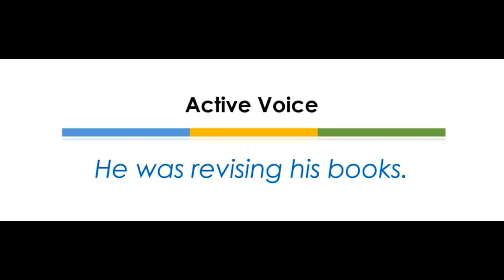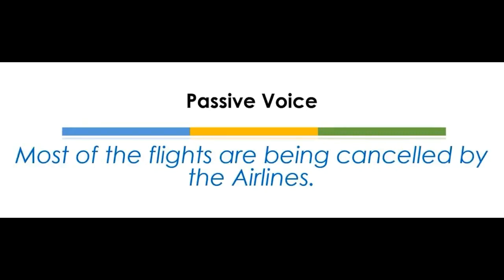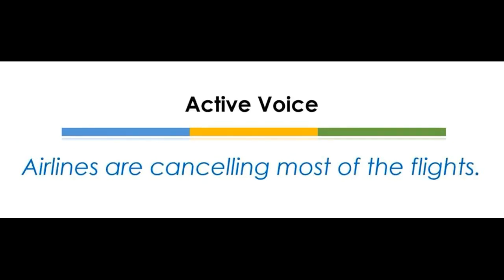The active voice of the first sentence is, he was revising his books. The second one is, most of the flights are being cancelled by the airlines. Convert it into active voice. The active voice of the second sentence is, airlines are cancelling most of the flights.